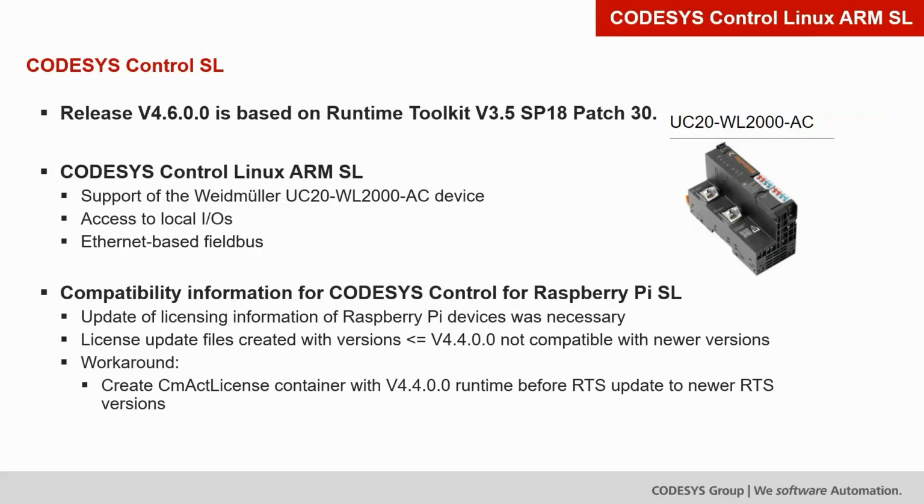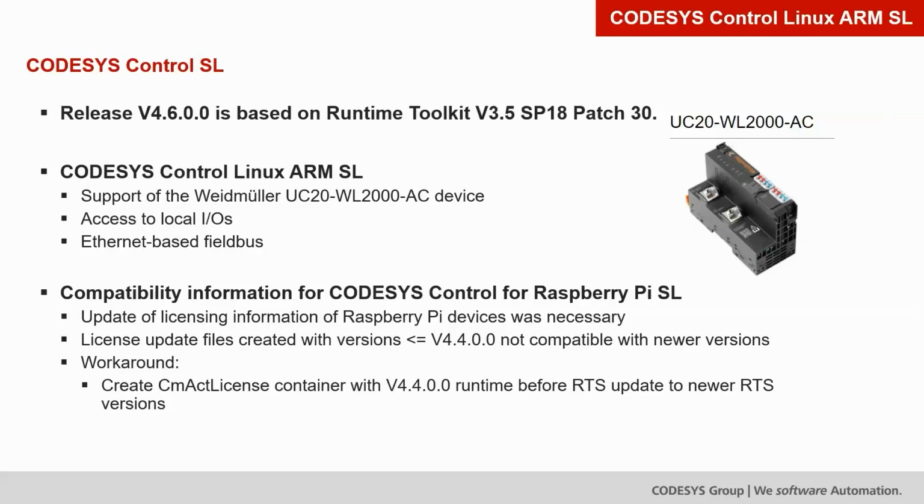In addition to that, I have to announce a compatibility information for the CODESYS Control for Raspberry Pi SL. We had to do an update of the license information of Raspberry Pis. And because of that, the old license update files, which you might have, are not compatible with the newer runtime versions by default.